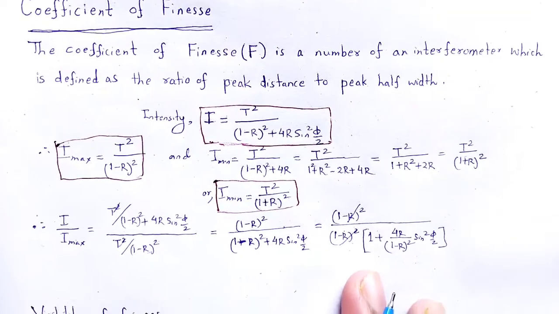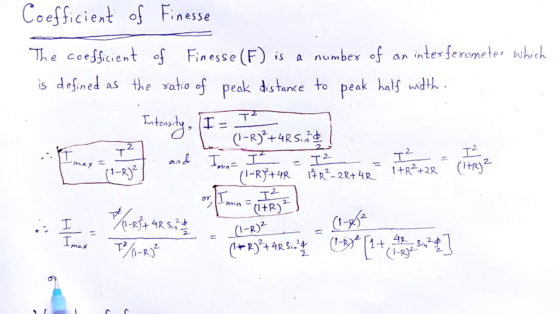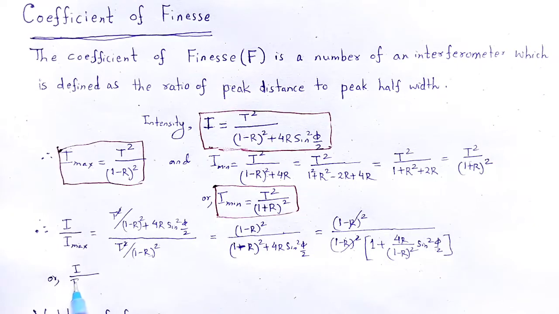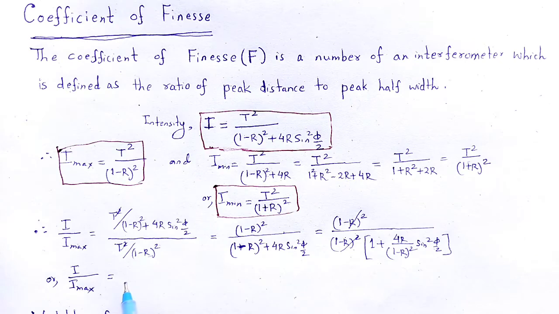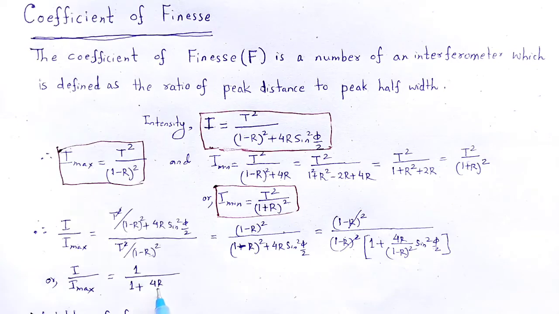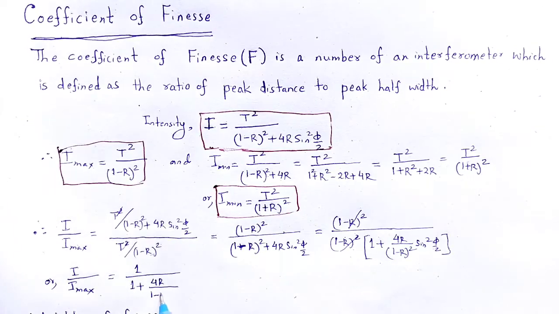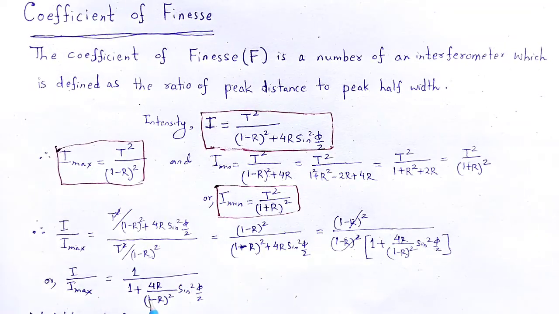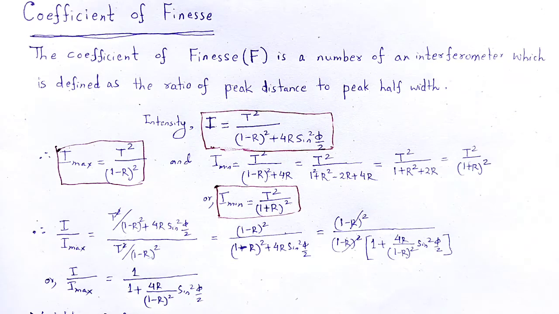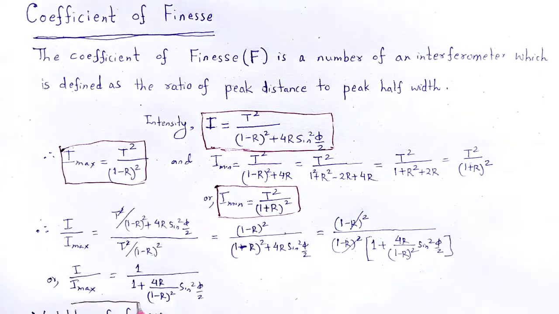We have I by I max equal to 1 divided by 1 plus 4R divided by 1 minus R whole square sin square phi by 2. Here the term 4R divided by 1 minus R square appears in the ratio of I to I max.